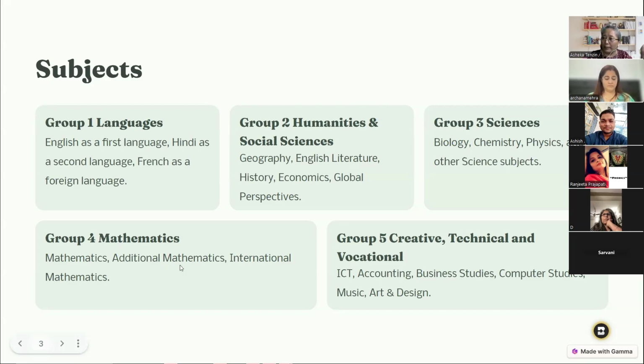Additional mathematics is also called add math, and most students who are gifted learners and who want to do higher level math in the diploma program go for additional maths or add math. Whereas international maths, for those students who do the diploma program, those schools offer international mathematics because there is one paper in it which relates to real life, mathematics in real life.